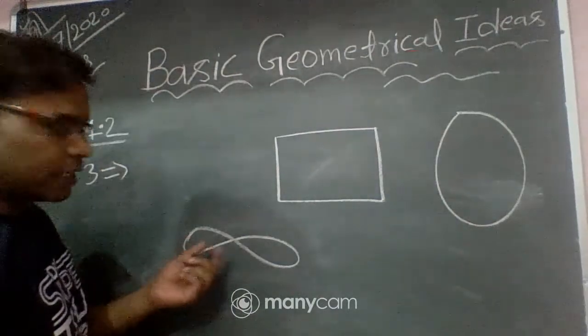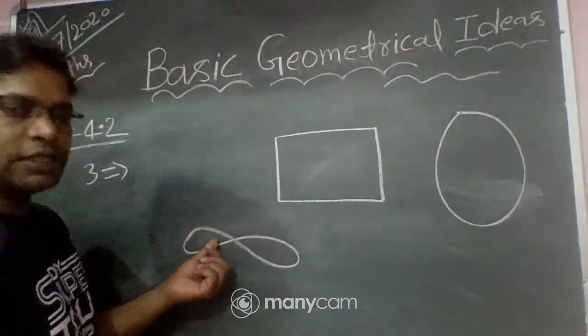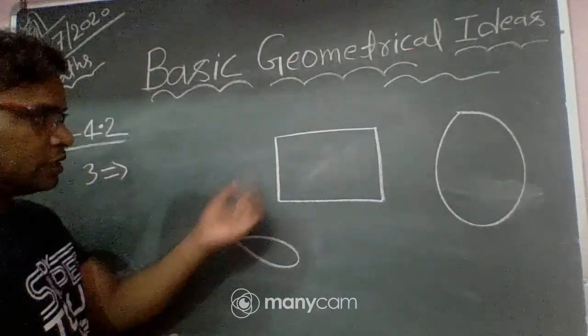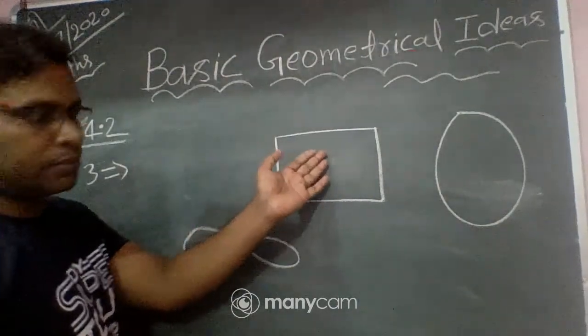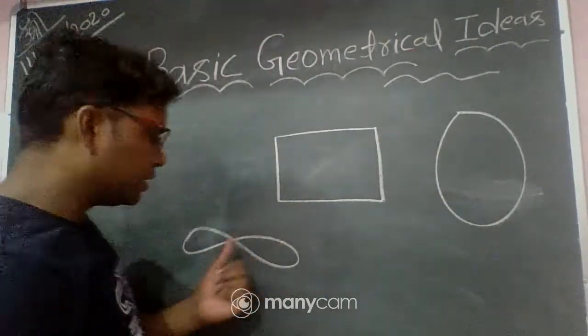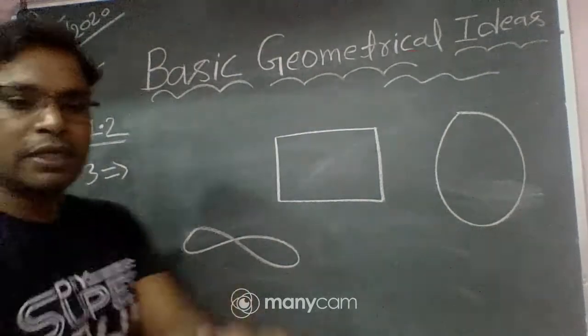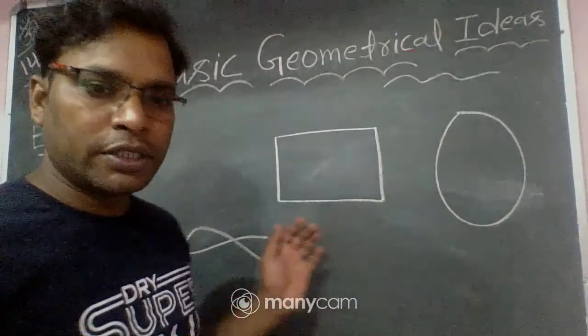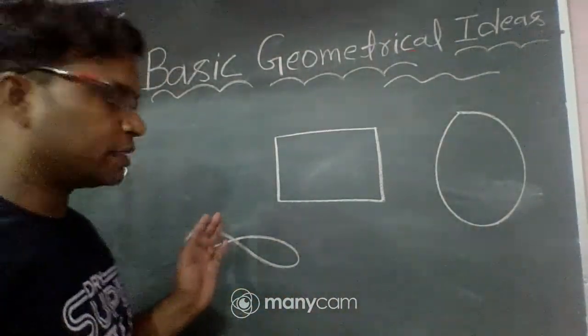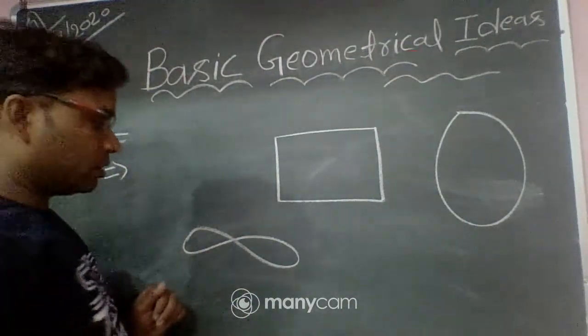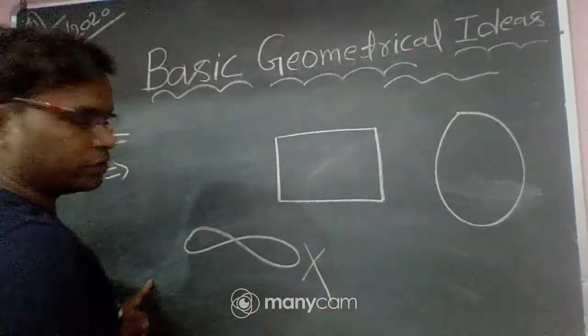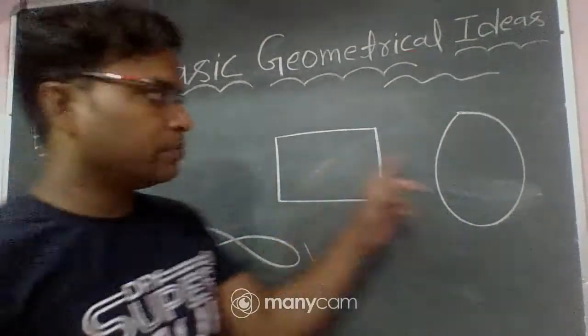Why? Because this curve crosses itself. And this curve is closed and simple. But this is only closed, not simple. Clear? So this is not a simple closed curve, so it is not a polygon. Both of the others are simple closed curves.